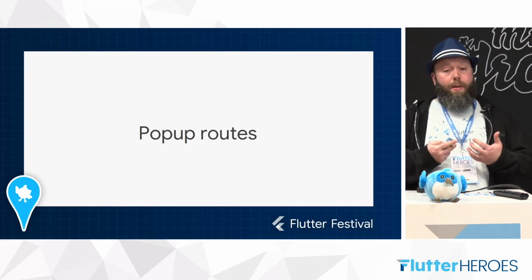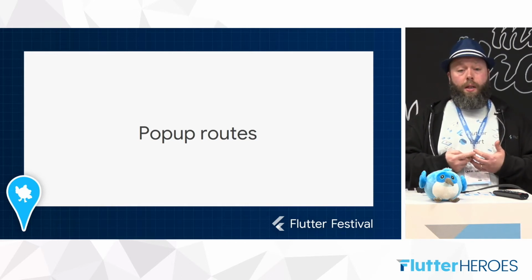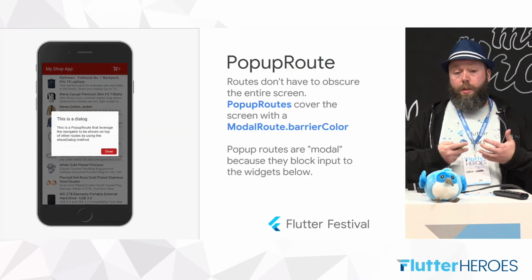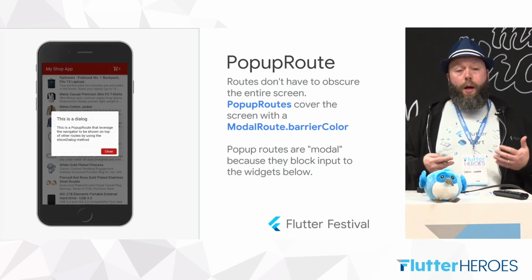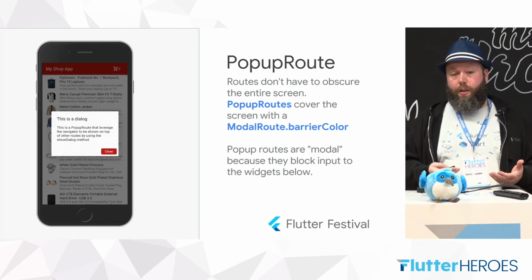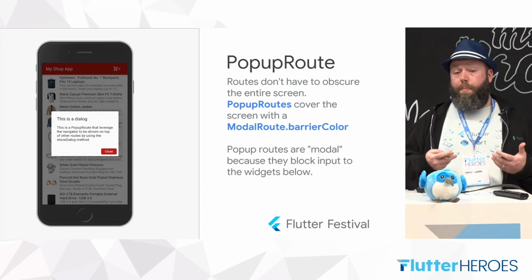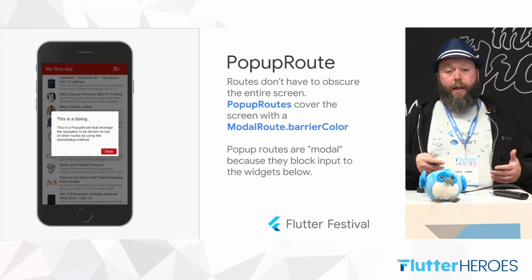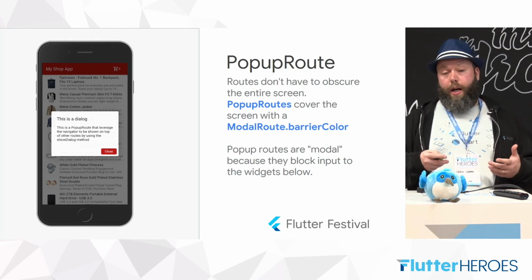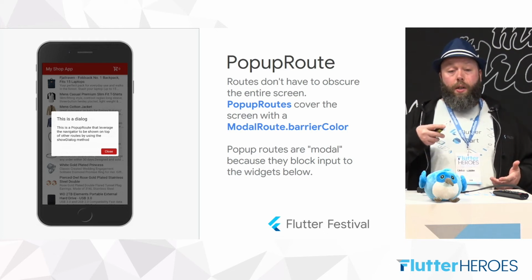Also, we have some kind of special routes that are the pop-up routes. The pop-up route is what you have, for example, when you want to show a dialog. A dialog is simply a route, and even in the dialog we can have a navigation.